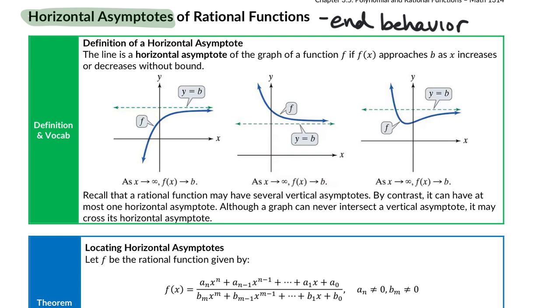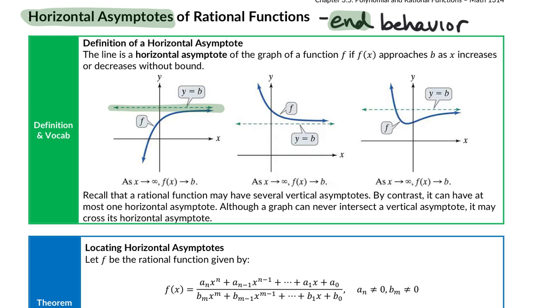Okay, a vertical asymptote you cannot cross no matter what. A horizontal asymptote you can cross in the middle because it's specifically designed to tell us about the end behavior, not middle behavior, end behavior. So if we notice, in the little pictures we have here, we have a horizontal asymptote for the first graph. Does it ever touch it? Does it get really close to it at the end of the graph? Fabulous.